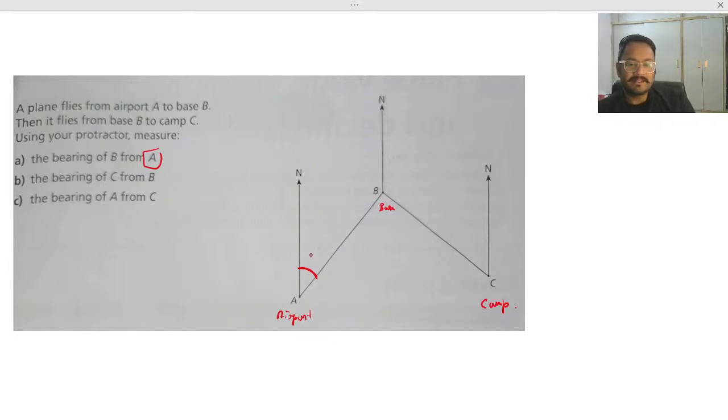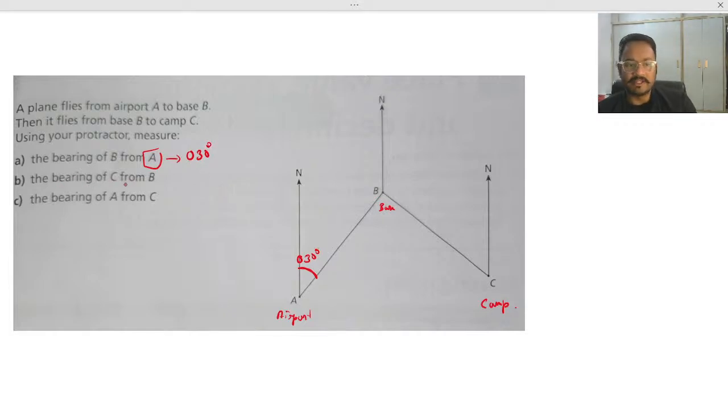Let's say this angle is, I can assume, 30 degrees. We cannot write 30 degrees, we will write 030. So the answer of the first one is 030, because we don't have a protractor, so I'm directly writing by assuming the values.